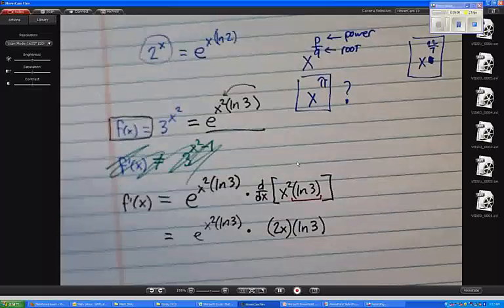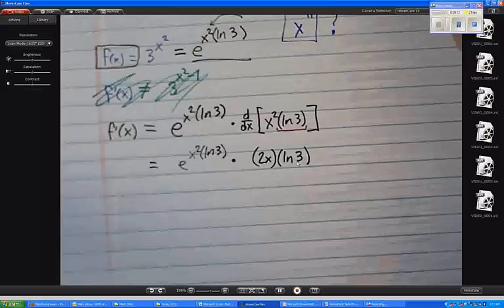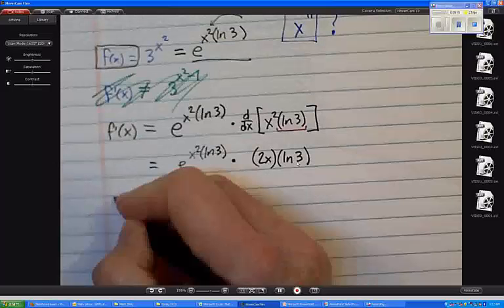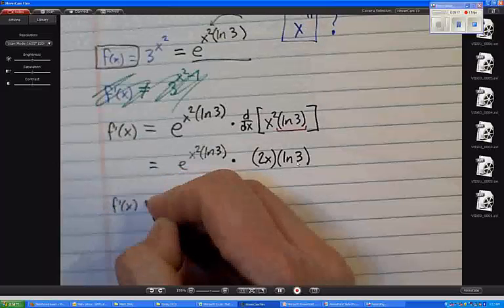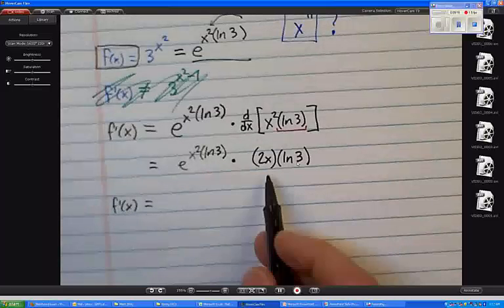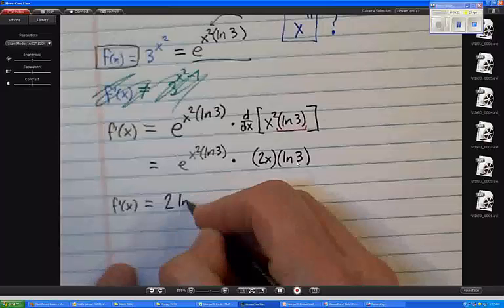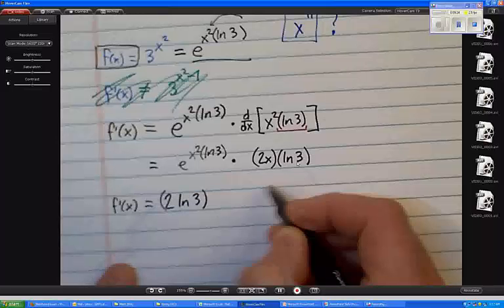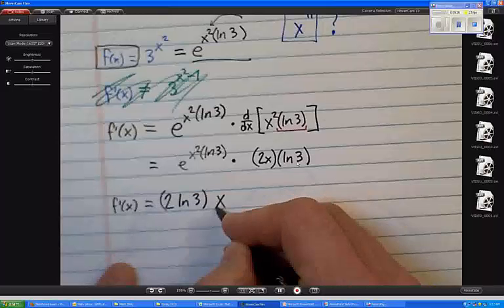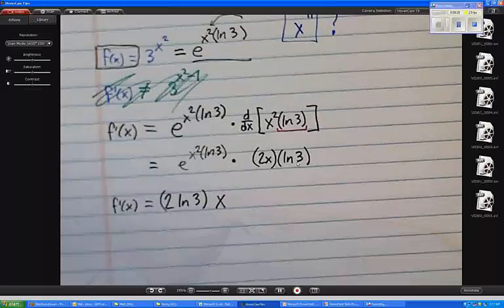So if I had to write this out, I'd probably write f prime of x in the following way. Let me write this piece first. So we have 2 times the natural log of 3 times x times, now I want to do something.